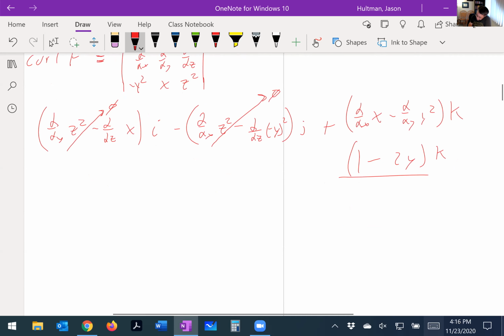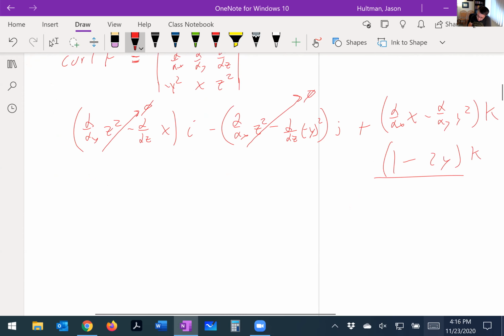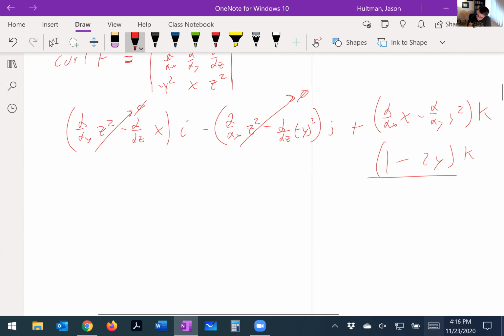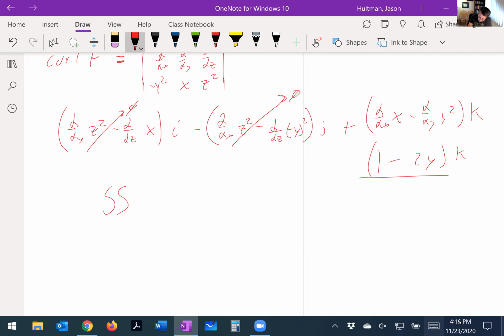So, yeah. We have the integral of the curl of F dot dS, which we found the curl of F to be 1 minus 2y. I was thinking if there's a simpler way to do this, but I guess not.